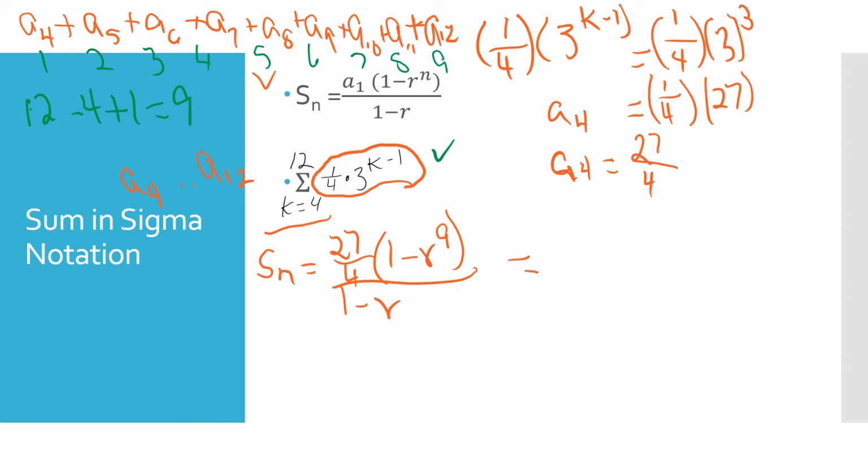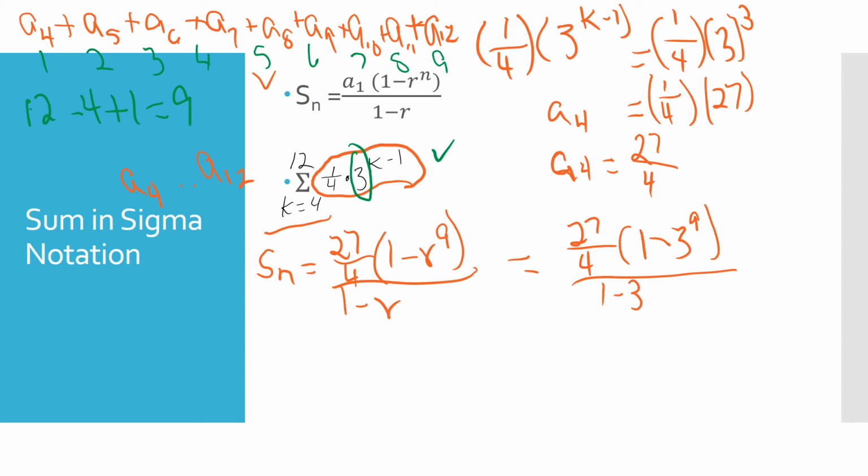Now we've got 27 over 4 times 1 minus r. We pick up r from that coefficient right there, so we've got 3 to the 9th power over 1 minus 3.